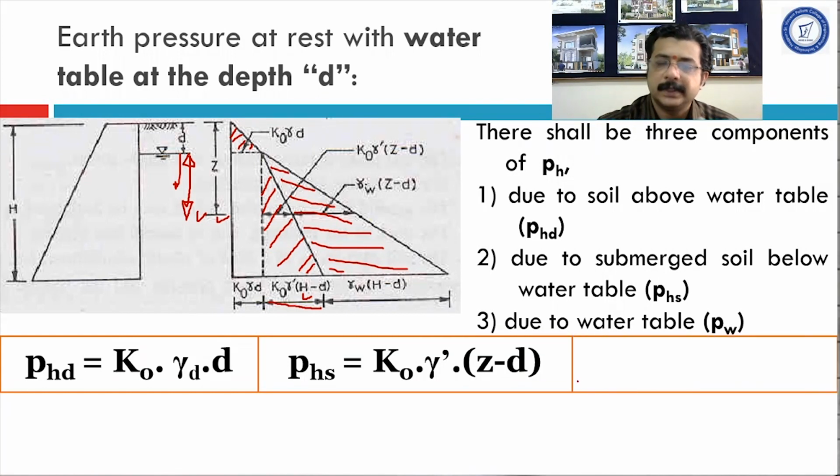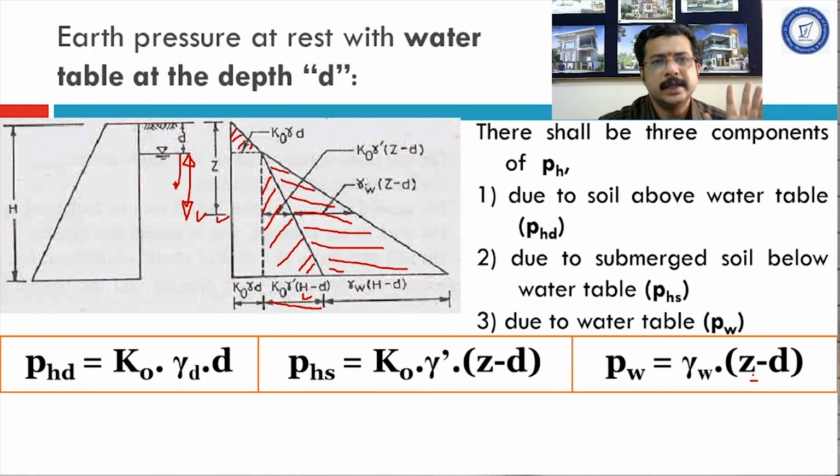Thereafter, the third component will be horizontal pressure due to water, which is equal to gamma W multiplied by Z minus D. Again, what is Z? Z is any depth which we have considered at which pressure is to be found out. This Z would be replaced by capital H when pressure is to be found out at the bottom of the retaining structure. Understood?